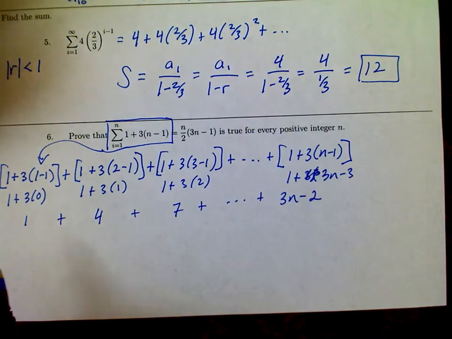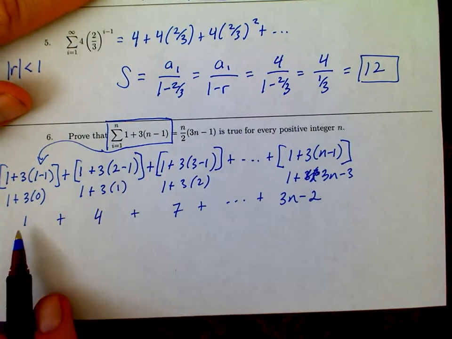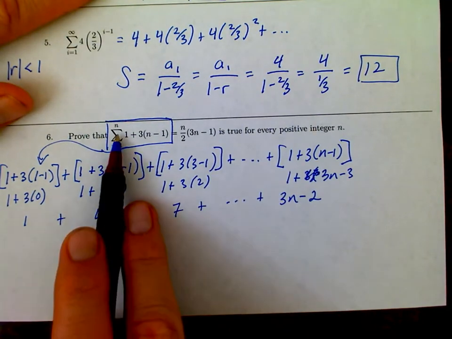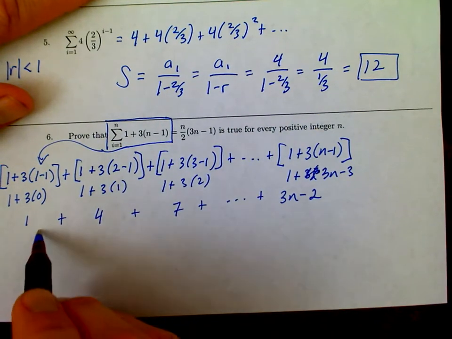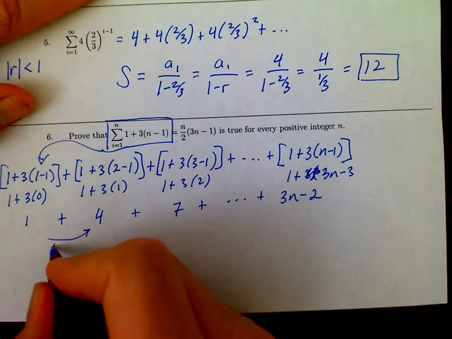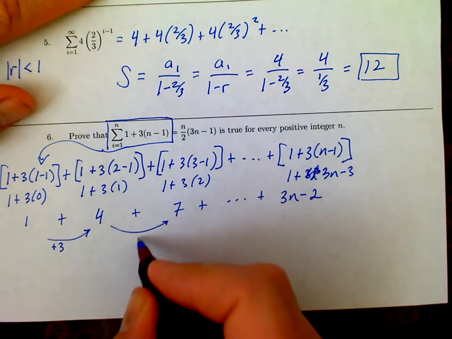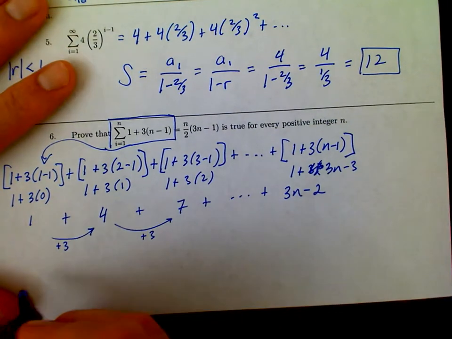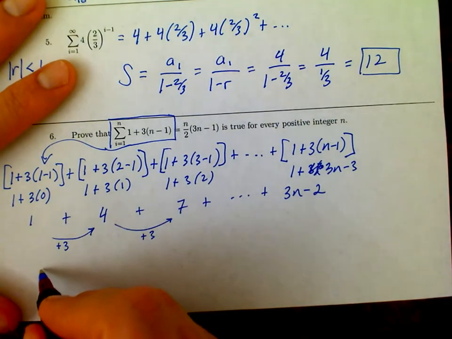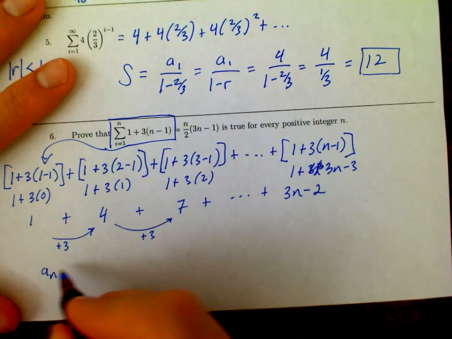Now the first term in this is 1. Now this is a finite series, and you might notice that we've got a common difference, which isn't really too surprising. Thinking that there's a proof, we might need a little bit better explanation.